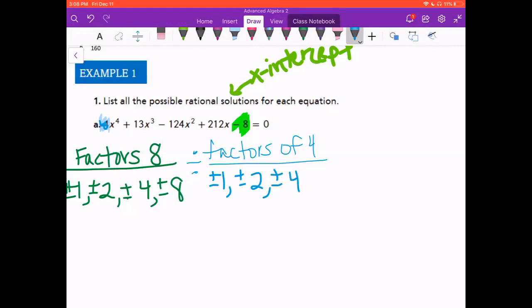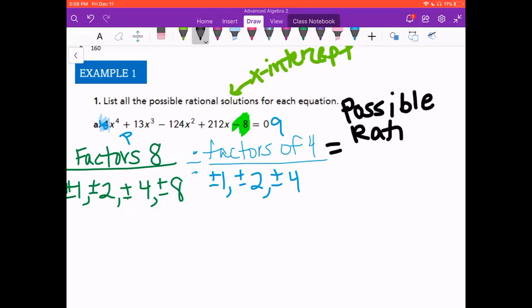So when I divide those, so this was the P part, this was the Q part. When you divide those, you get all the possible rational roots of that function. And also think of it as possible rational x-intercepts.